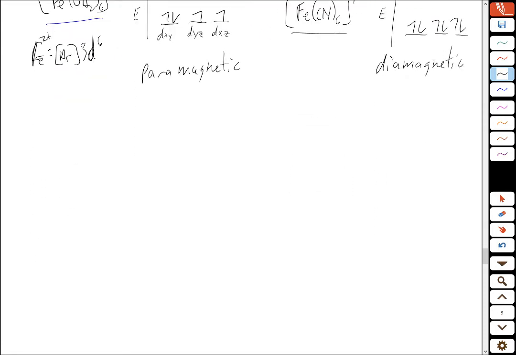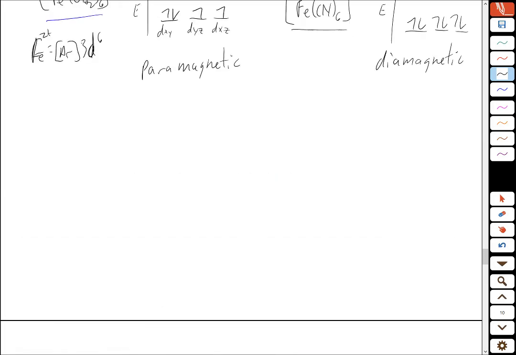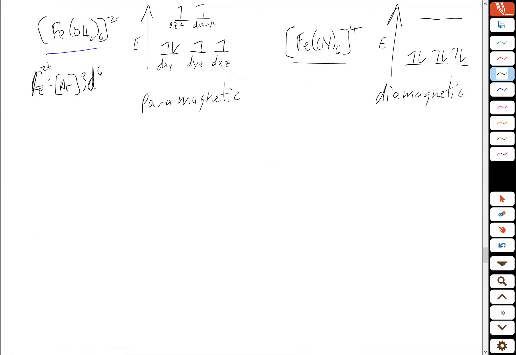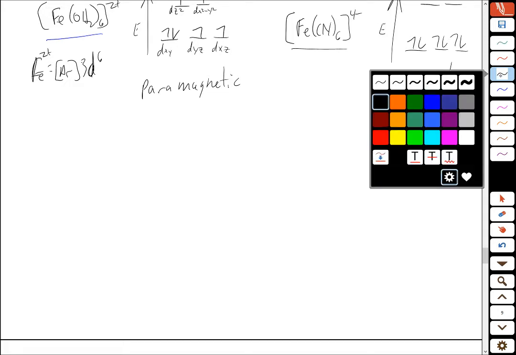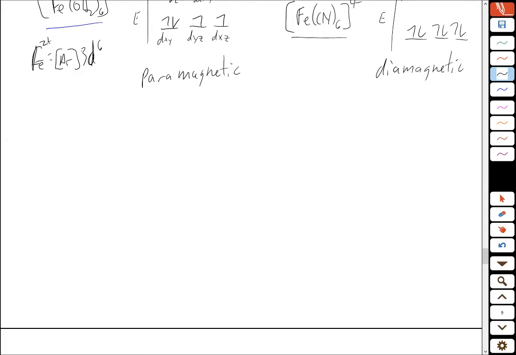What is happening? I'm going to scroll to the next slide, and I'm going to make sure I didn't get ahead of myself. So here's what we have to think about. I'm going to draw the d orbital set here. I'm going to say we have an energy level diagram.